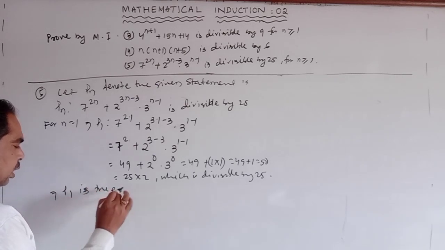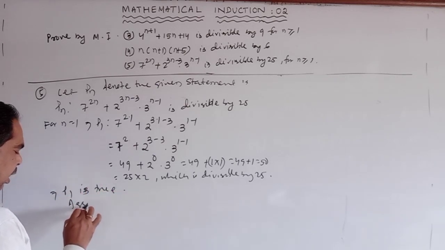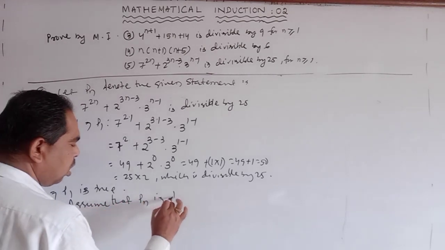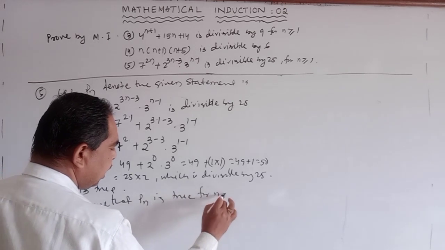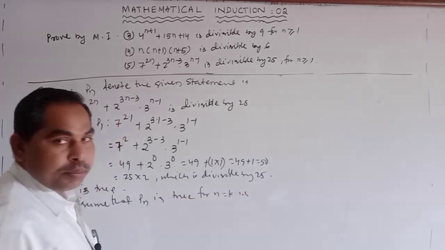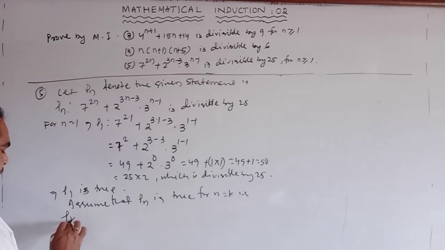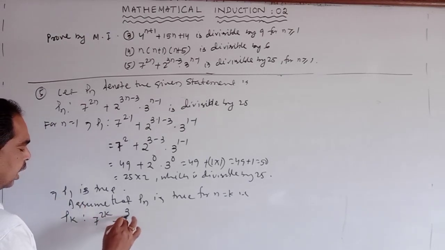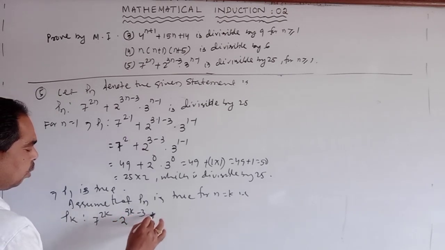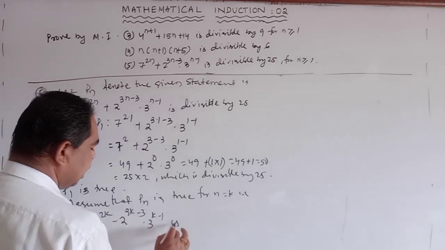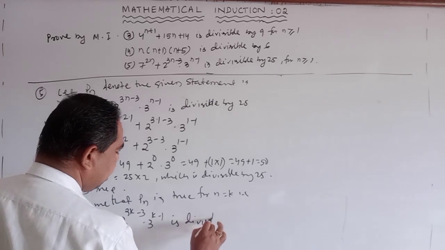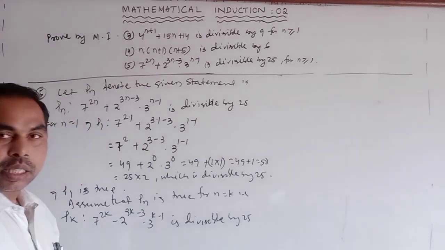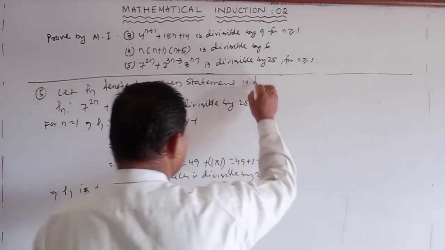Okay, so P1 is true. Assume that Pn is true for n equal to k. That is, Pk such that 7 to the power 2k plus 2 to the power 3k minus 3 into 3 to the power k minus 1 is divisible by 25.